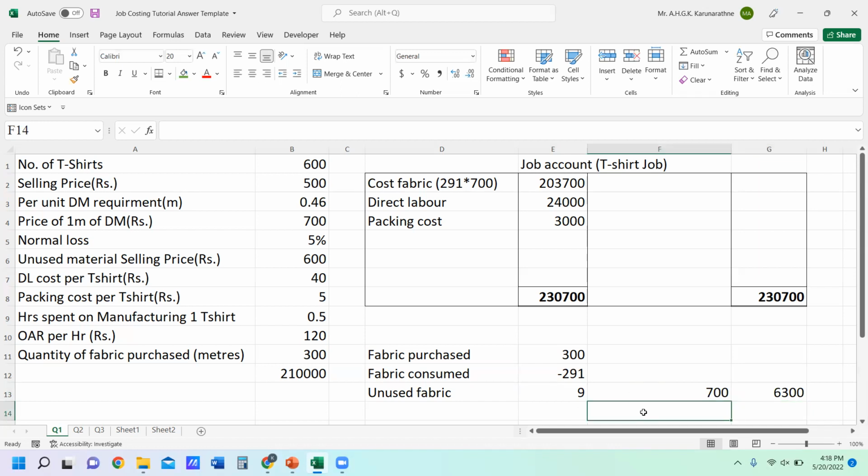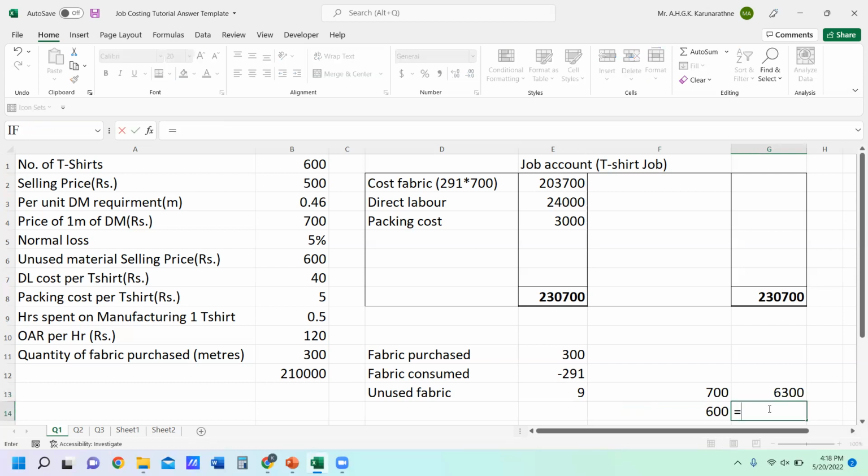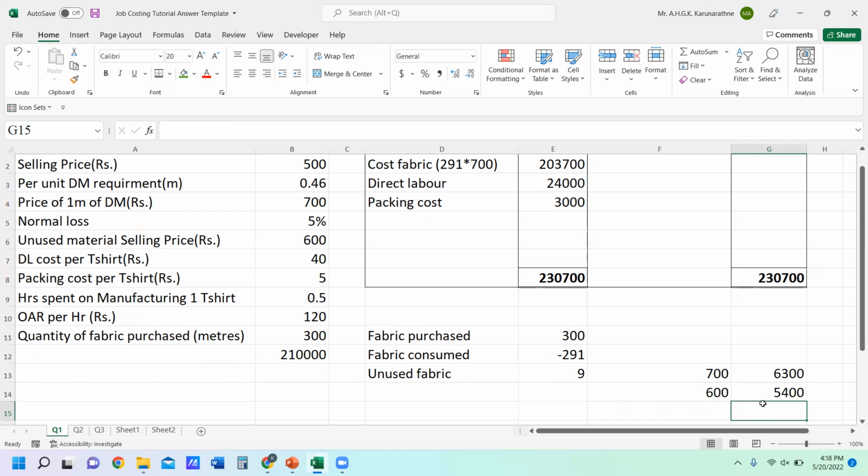But if you dispose of it, you are required to pay 600 rupees each, so this is the cost and this is what you can recover, 9 times this, 5,400. Then there's a loss of 900.